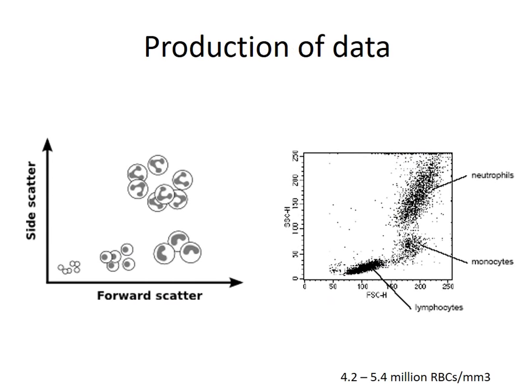Now, if you can imagine, red blood cells are a lot smaller than leukocytes, and they don't have much complexity. So red blood cells are going to appear here, okay? Because they are small, so they're going to have a small forward scatter. They're not complex internally, so they're going to have a low side scatter as well.